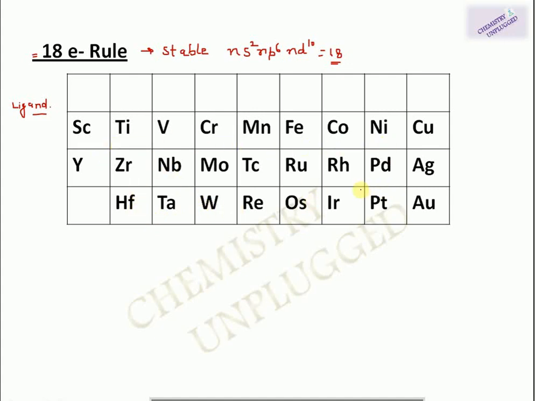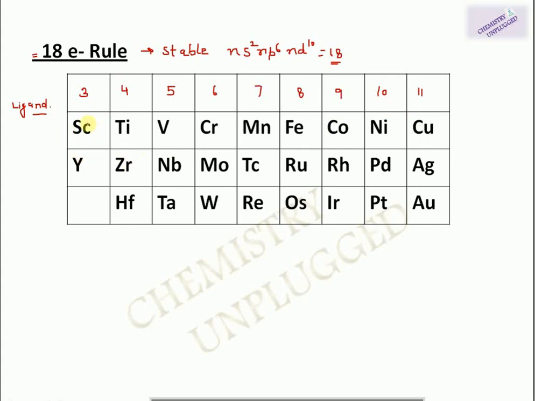We will start with scandium. Scandium has 3 electrons in its outer shell, then titanium has 4, vanadium 5, chromium 6, manganese 7, iron 8, cobalt 9, nickel 10, and copper 11.